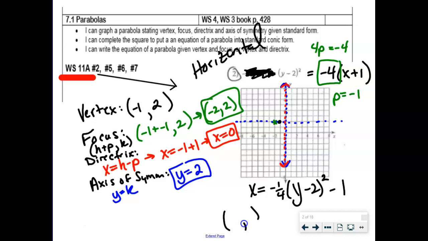It'll work. But the shortcut, Adam says, is take this number that's in front, this 4p number, cut it in half. So 2. Ignore the negative. And then from the focus, go that many units up and down for this kind. So from the focus, up 2 units and down 2 units. I promise it'll work, yes.